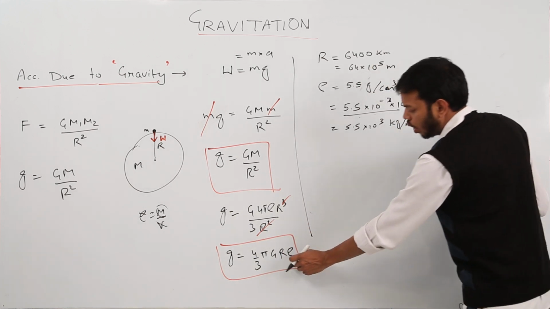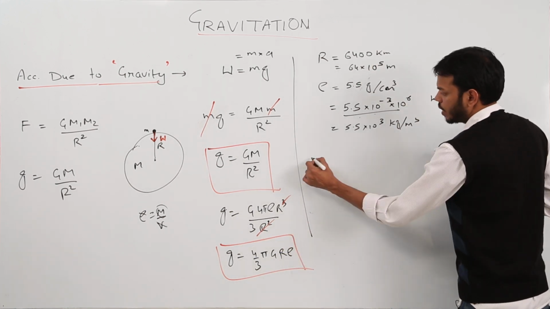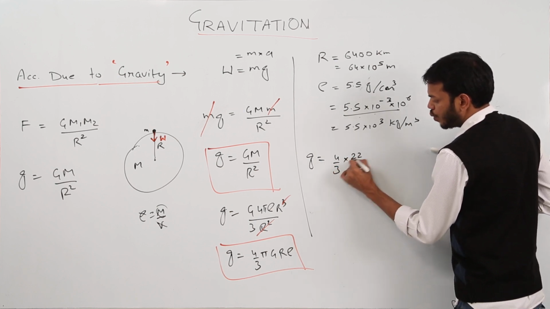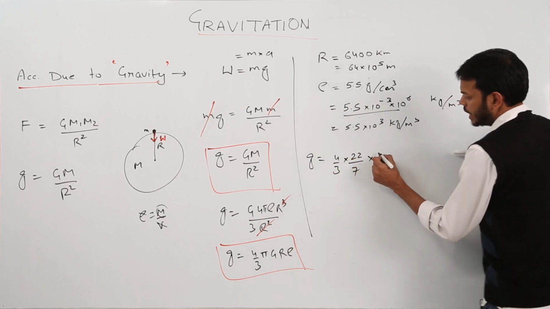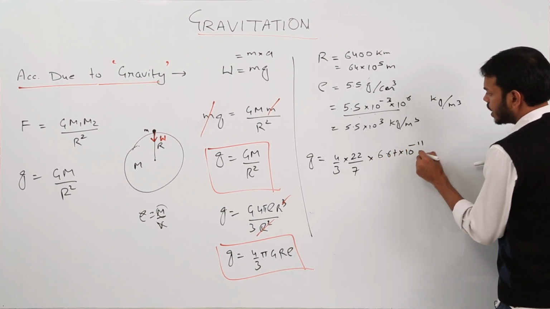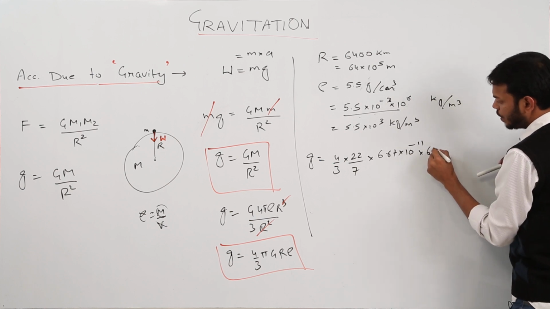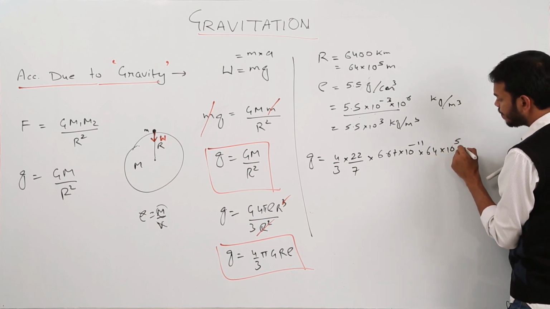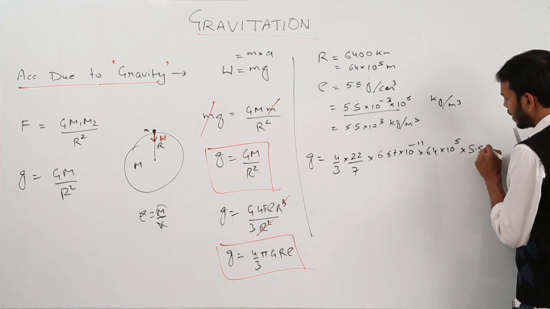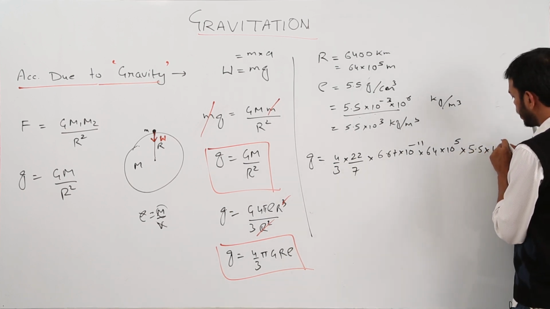And putting the values of G, r and rho in this formula, we get 4 upon 3 into pi is 22 over 7, G is 6.67 into 10 raised to power minus 11, r is 64 into 10 raised to power 5, and rho is 5.5 into 10 raised to power 3.